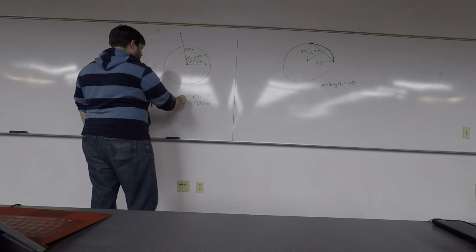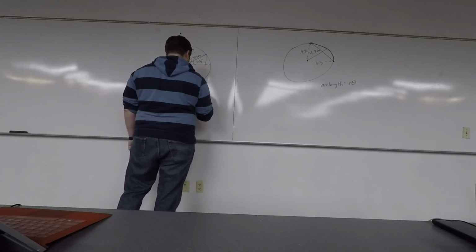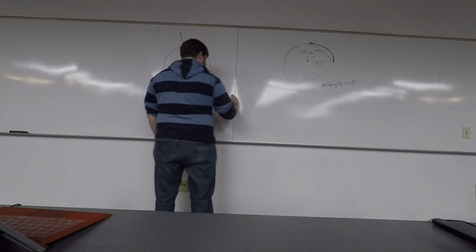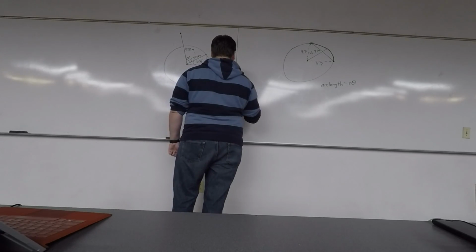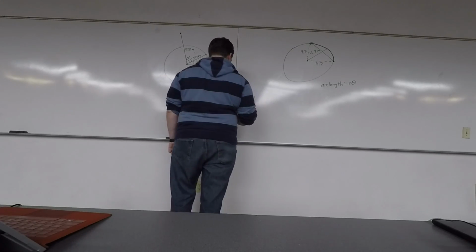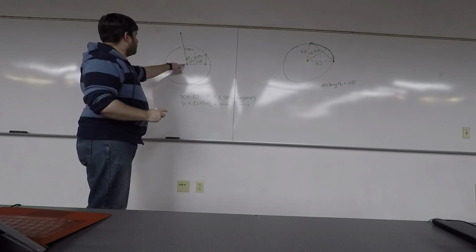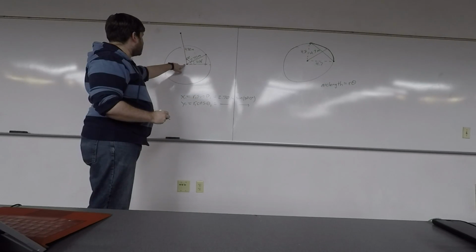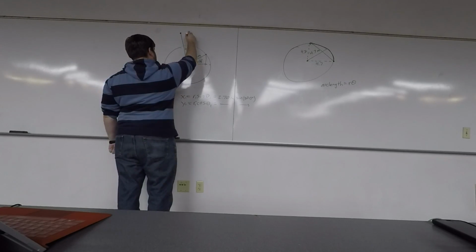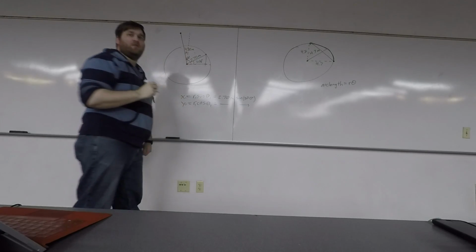So for x1, y1, this would be theta 1, r1. 2.7 meters times sine 30 degrees. And then similar there, x2. So this one might be a little bit tricky because you're actually going to go from the 90 degree mark and then just do 10 right there. So you still have a triangle.